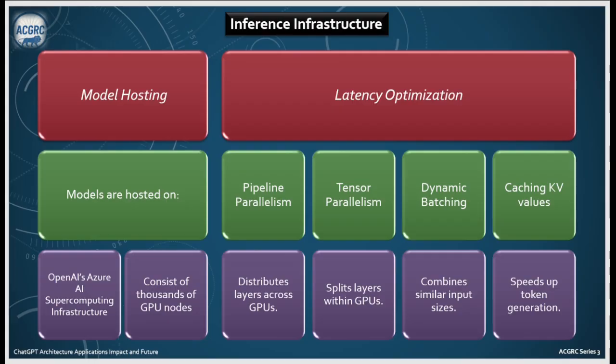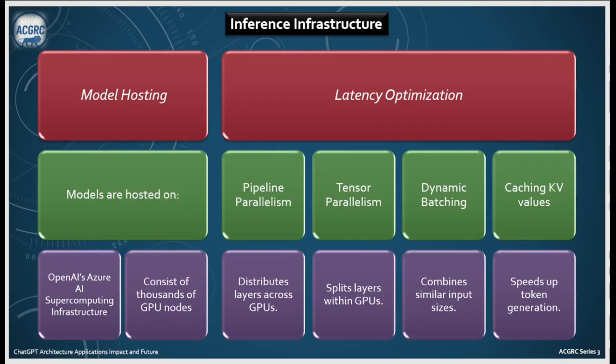We'll try to break it down further, to make it simpler. What is inference infrastructure? Inference is when ChatGPT gives you an answer. Inference infrastructure is all the computers, servers, networks, and software that work together to create and send you the answer.